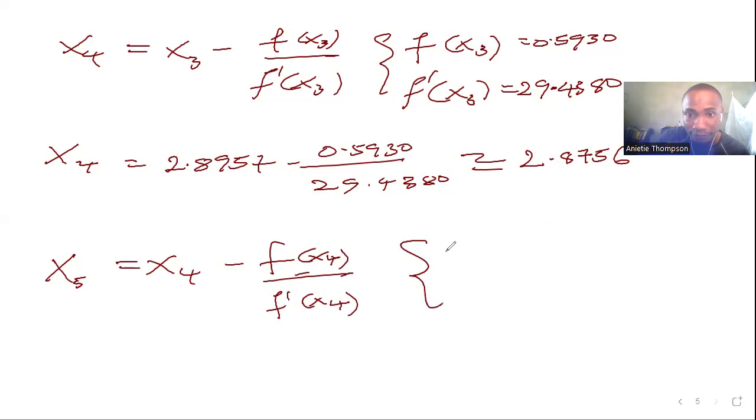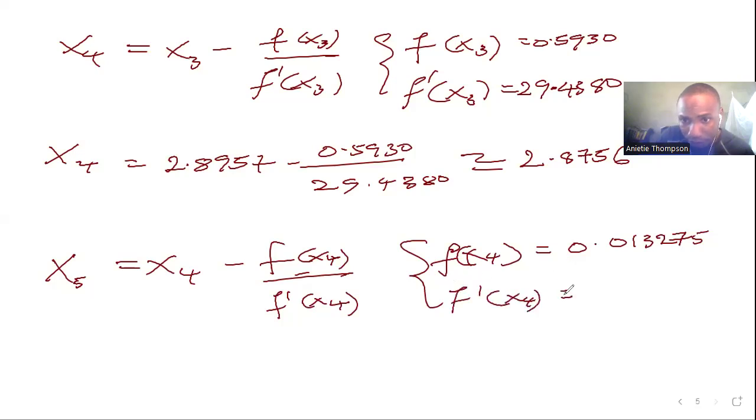The updated value of f of x4 is equal to 0.013275. And f prime of x4 is 28.2461.